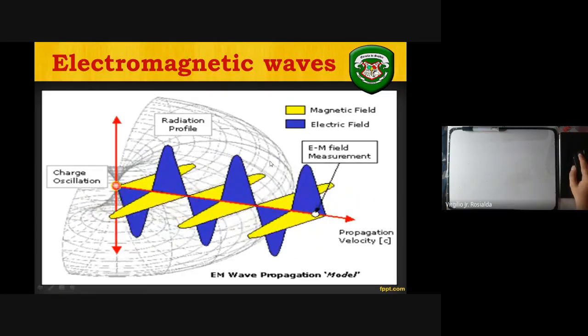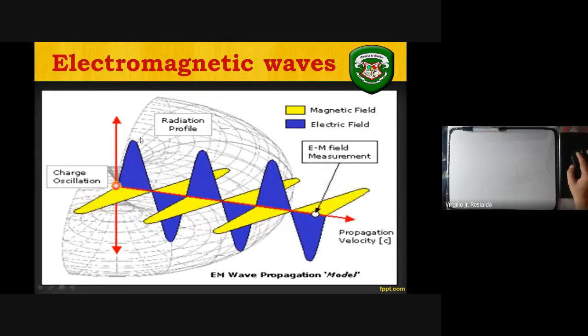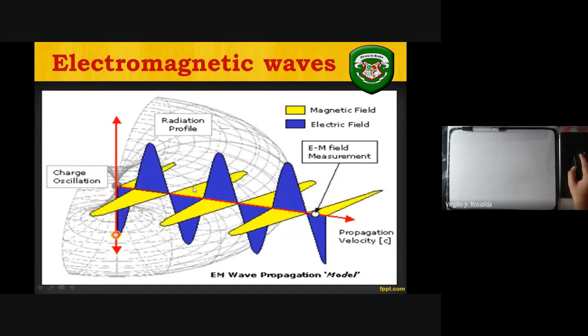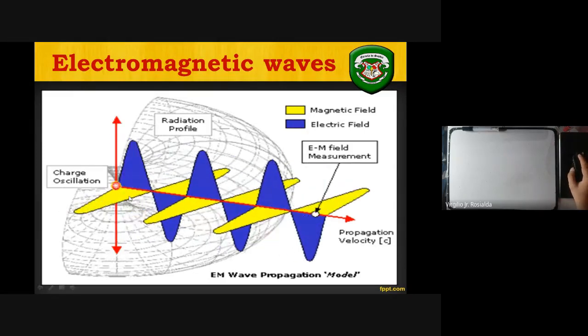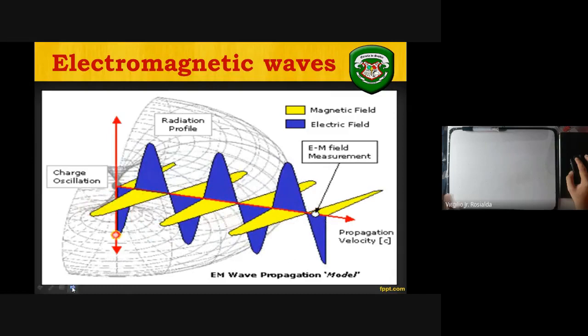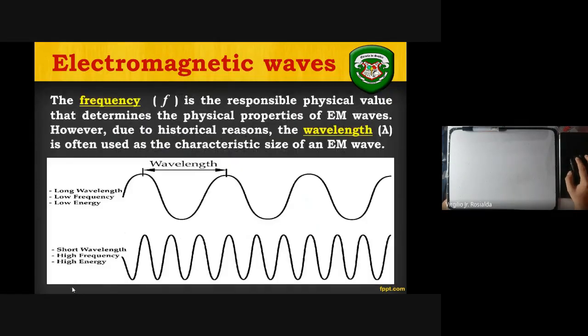So, technically, ganito ang itsura ng ating electromagnetic wave. If there is an oscillation or charge oscillation, automatically, we can produce an electromagnetic wave. Both have both magnetic and electric fields.